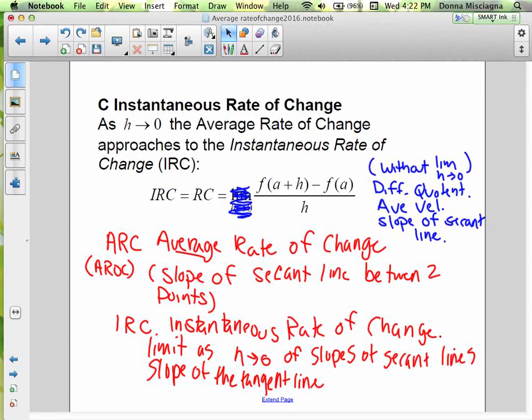If I add the word limit in there, and then h here wouldn't be going to 0, that would just be f of a plus h minus f of a. It would be the difference between those values. So actually it would be h. But if I put the word limit in there, well now that's no longer just a difference quotient, average velocity, slope of the secant line, average rate of change, it becomes our instantaneous rate of change.